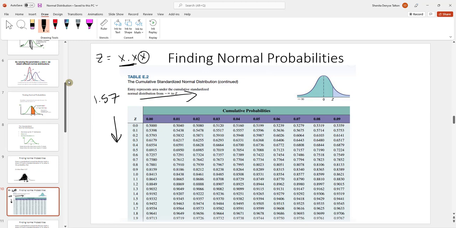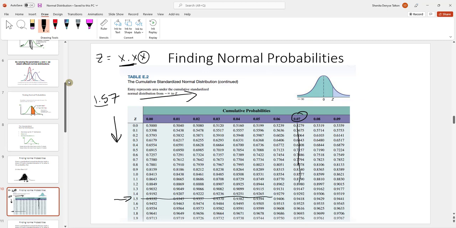We're going to go down to 1.5 because that's the first two numbers. And then we're going to go across till we get 7. So here's the 7 here. It's actually 0.07. Where these two meet up in the body of the graph would be the answer.